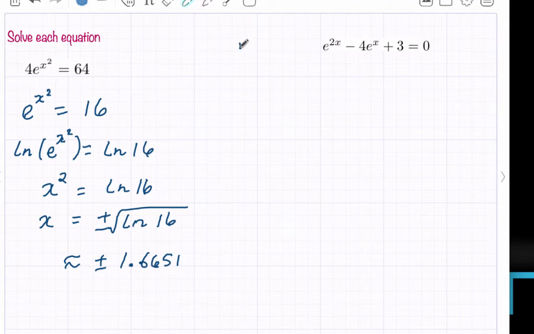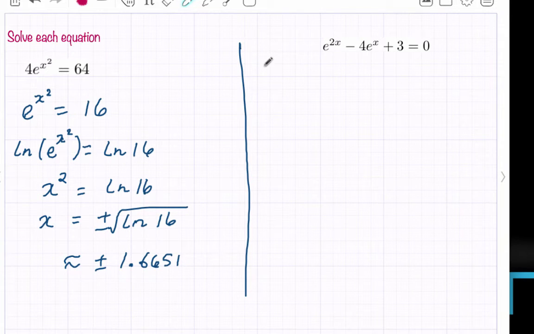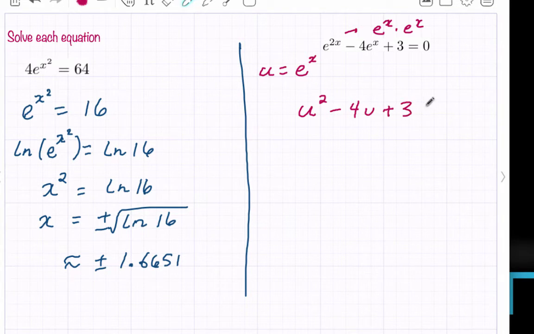Finally, our last example is complicated, and it's a quadratic. The idea here is we can let u equal e to the x. Now, e to the 2x is just e to the x times e to the x. So when we rewrite this, it is going to be u squared minus 4u plus 3 equals 0.